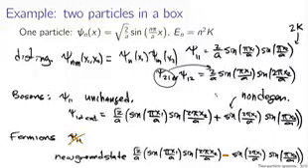Any two electrons are exactly the same. They obey the same laws of physics. There is no additional information that would allow us to keep track of which electron is which. We make quantum mechanics fail to keep track of which particle is which by making these symmetric or antisymmetric combinations of what would otherwise be distinguishable particle wave functions, and lo and behold, distinguishable particles, bosons and fermions all behave differently.